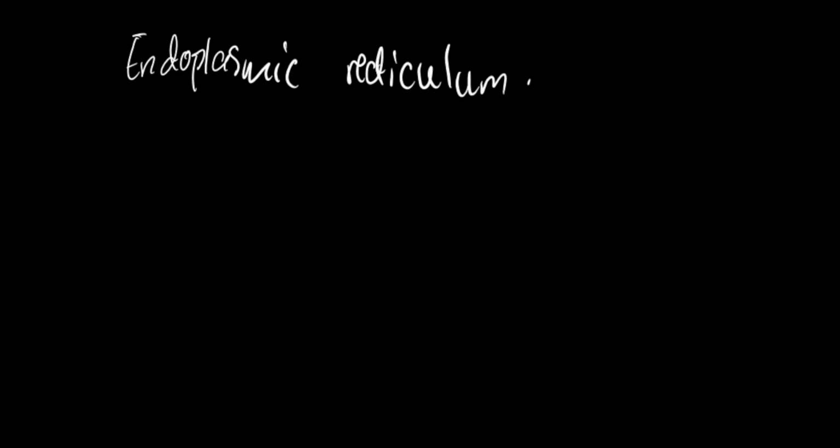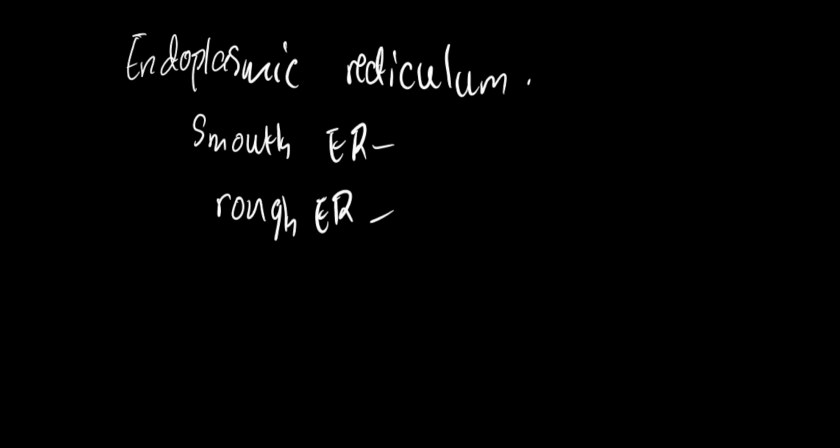We have the smooth endoplasmic reticulum, and we also have the rough endoplasmic reticulum. As we'll go on to see, these two organelles differ in structure as well as in function.